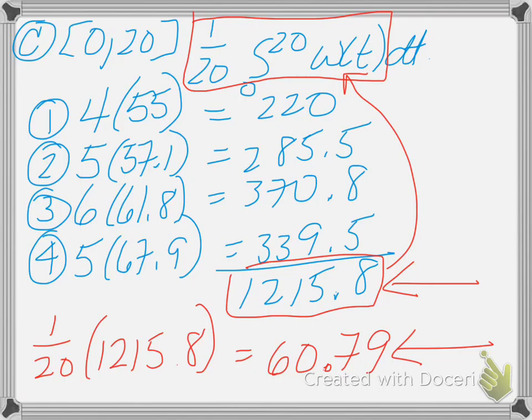The next question is, will this approximation overestimate or underestimate the average temperature, and explain your reasoning. If you look at the chart, you can see the temperature is always going up, so the function is always increasing. If the function is always increasing and you're doing a left Riemann sum, let's say this is my graph and I cut it off here.